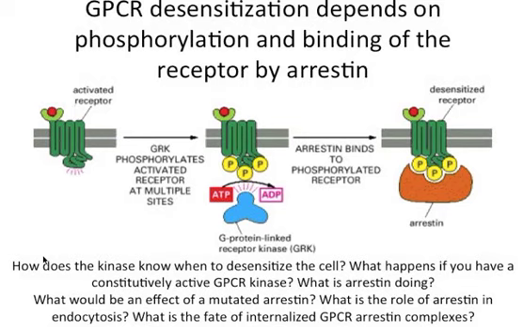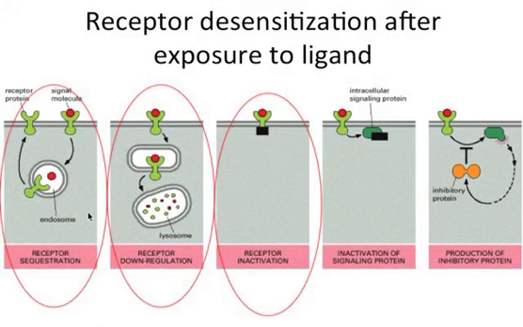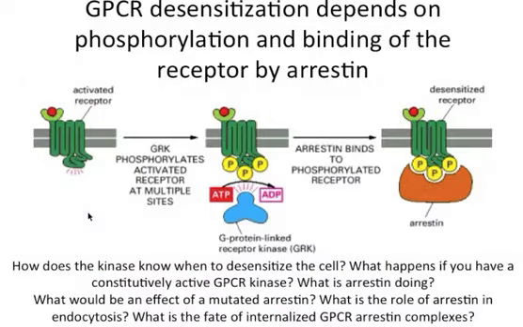Okay, so desensitization of GPCRs would fall into the category of this one right here, right? So you get phosphorylation, and then you get binding of the receptor by a protein called arrestin. That's an easy one to remember, because arrestin, what does it do? Does it activate things?